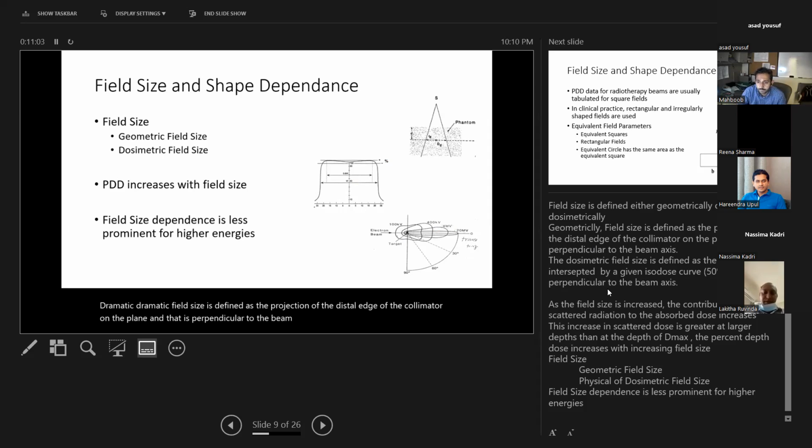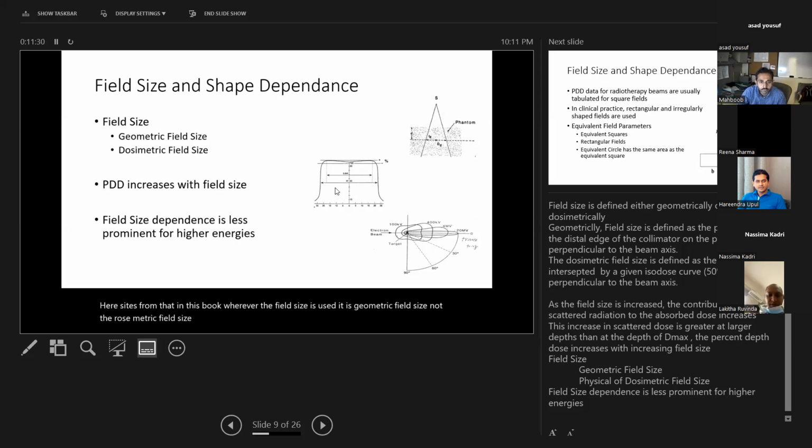The dosimetric field size is defined as the distance intercepted by a given isodose curve on the same plane perpendicular to the beam axis. Most of the time it is the 50% isodose curve, and you can calculate the dosimetric field size from that. In this book, wherever the field size is used, it is the geometric field size, not the dosimetric field size.